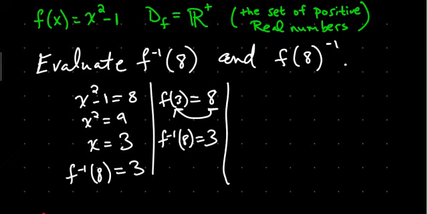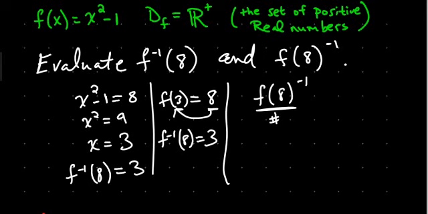So here is tricky stuff that the textbooks do. This is f of 8 inverse. So this is not the inverse function. You find f of 8, and then f of 8 is a number, and then you find its inverse, the multiplicative inverse.